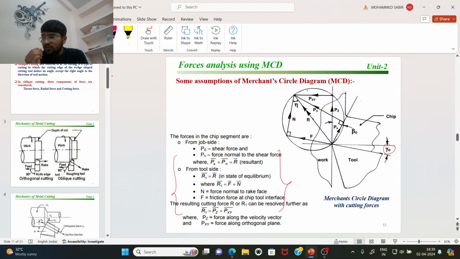That is a very important thing, because by using this approach you can predict the shear zone temperature of a workpiece. In next sessions we will look into that: what the shear velocity is, what the chip velocity is, and these types of things.